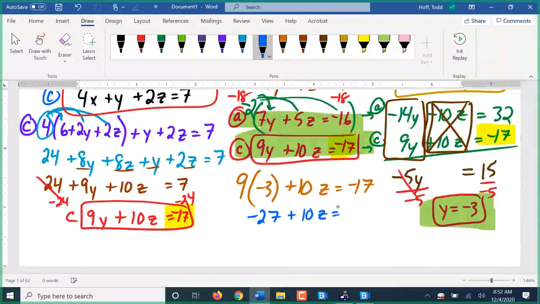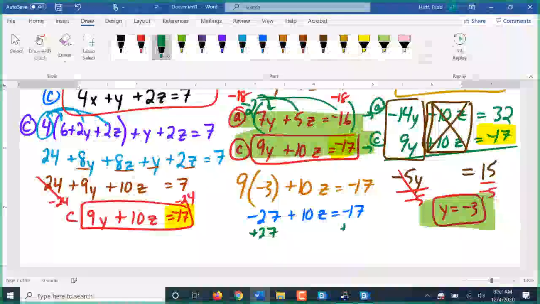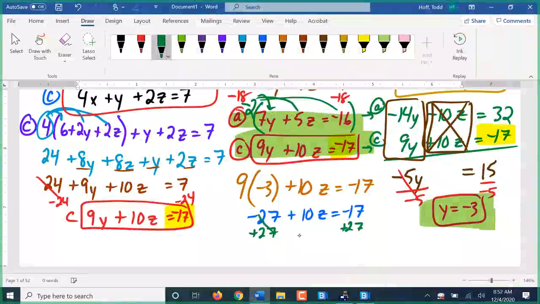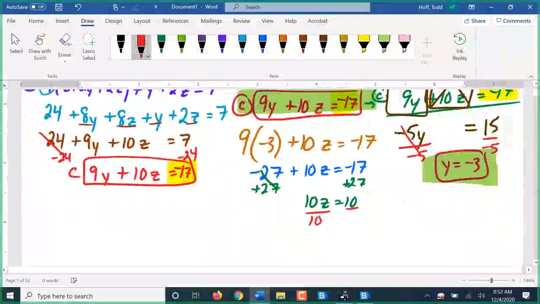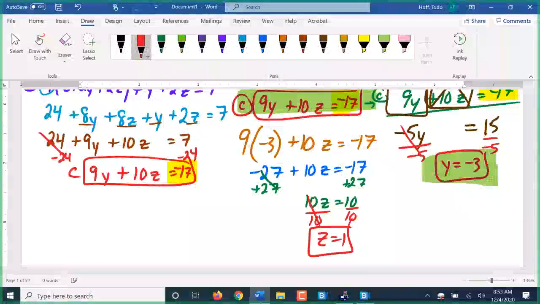Plus 10z equals -17. We will add 27 to get rid of the -27. So we have 10z equals 10. And now we just divide by 10. Z equals 1.